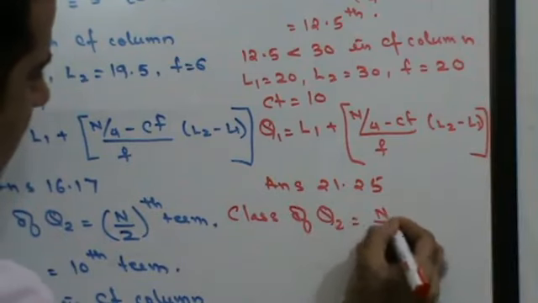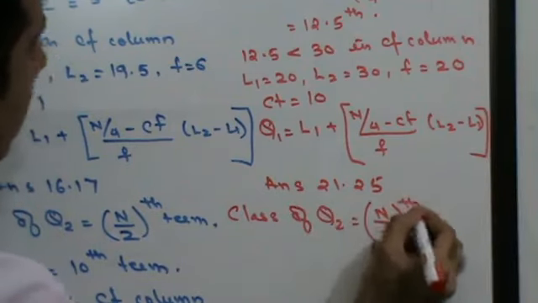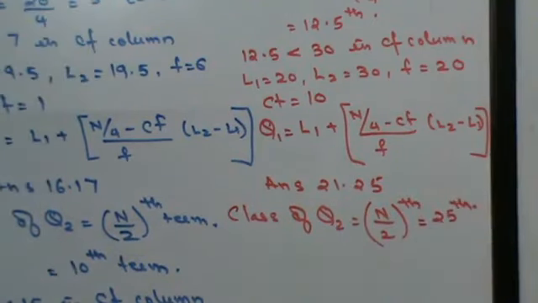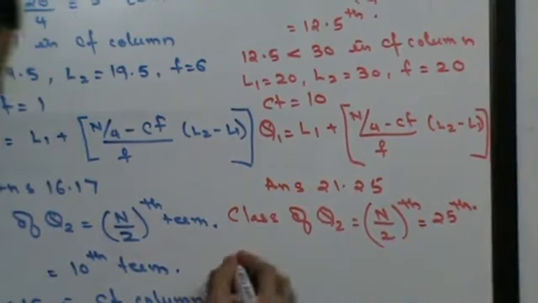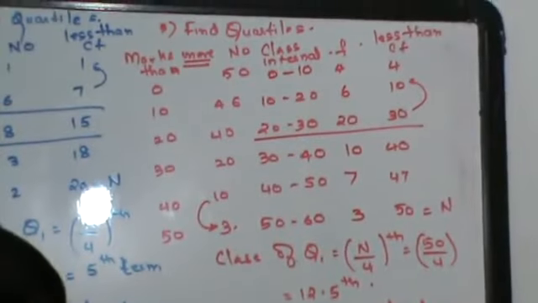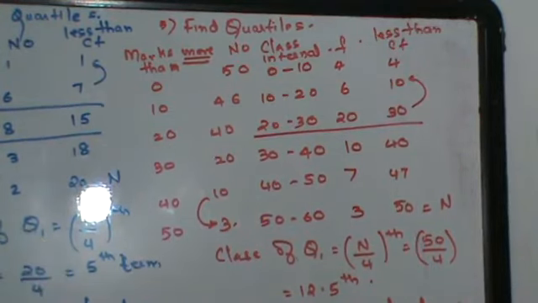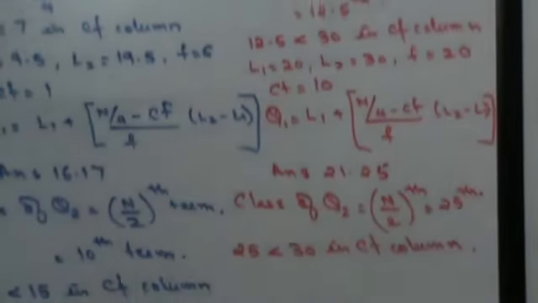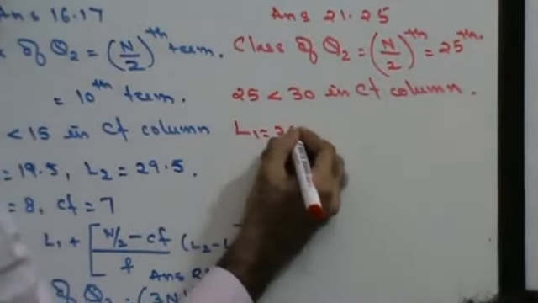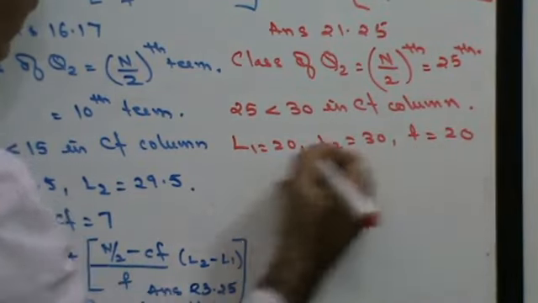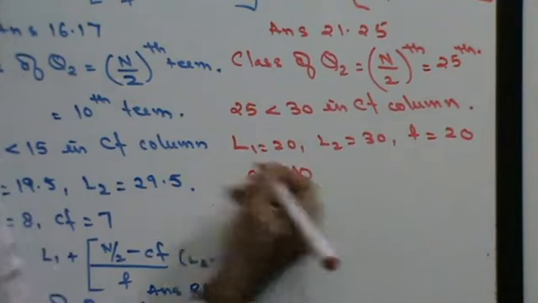Next, same way you can find out class of Q2. Class of Q2 is n upon 2th term, 50 upon 2th term, that is the 25th term. Now check 25. 25 is also less than 30 in the CF column. So your L1 will be 20, L2 will be 30, F will be 20 and CF will be 10.